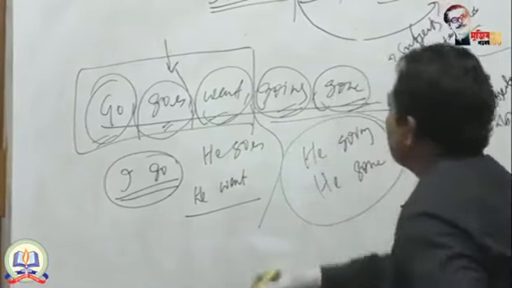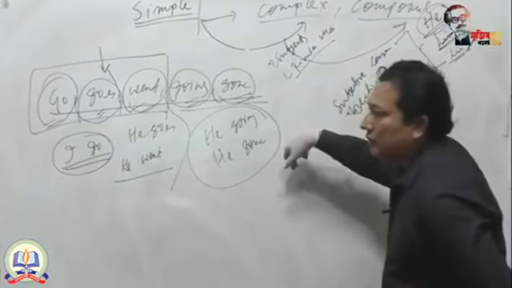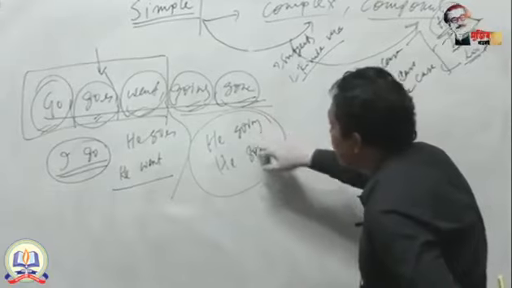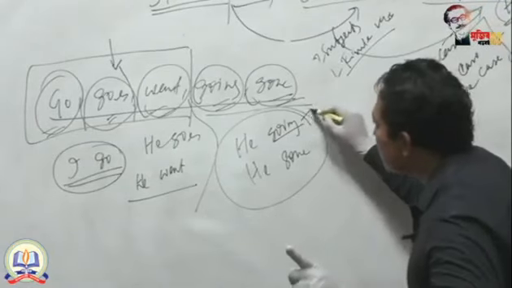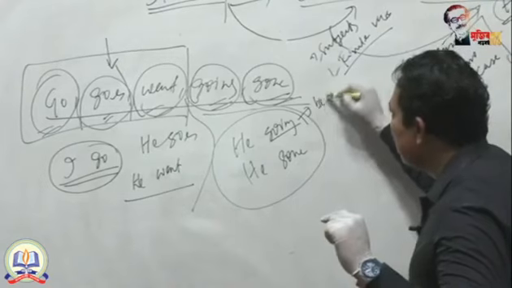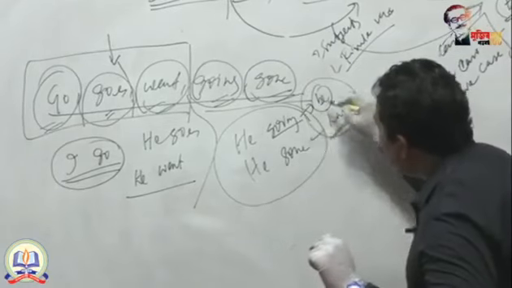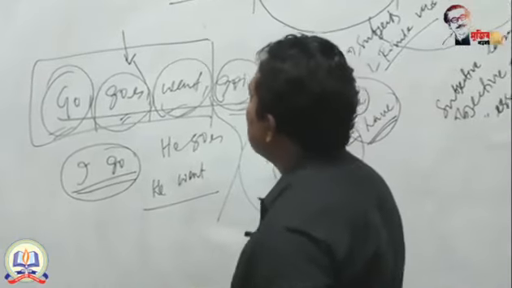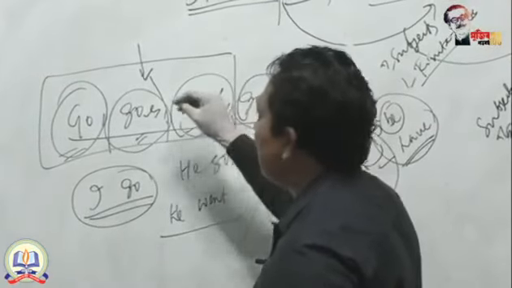No. These shapes do not indicate a finite verb, because you are not getting a complete thought by using ing or past participle. If you want to ensure this form as finite verb, you have to add a helping verb, auxiliary verb. What? Be verb, and here have verb. That means by adding a helping verb, you can ensure this shape as finite verb. But this shape ensures finite verb without using any helping verb, and you cannot use any helping verb here.